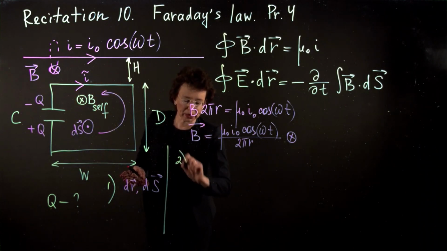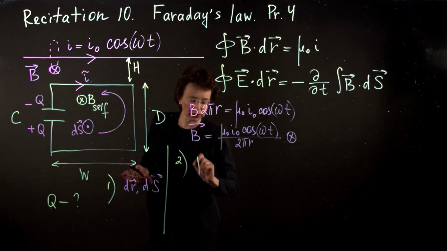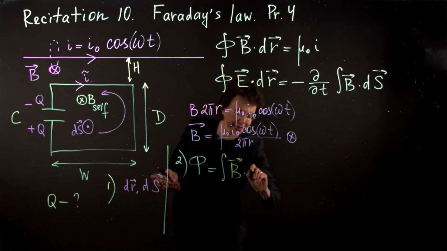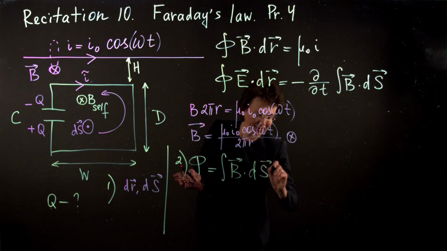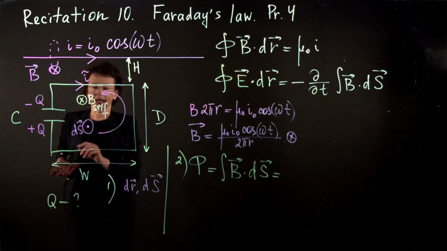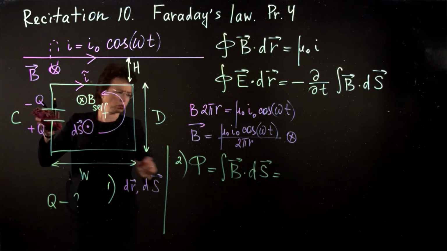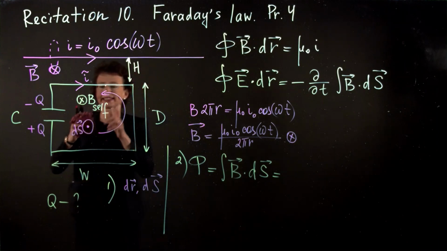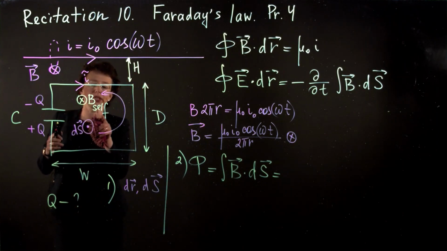Our next step is to find the flux of the magnetic field. Phi is integral B dot ds by definition. Now let's look at this. B, which B do we care about? Which B is this B? I remind you that they told us to neglect self-inductance, so I used this B self just to find the direction of current.